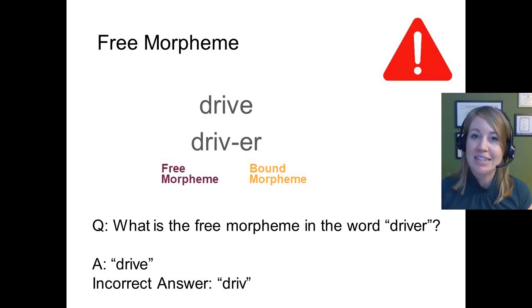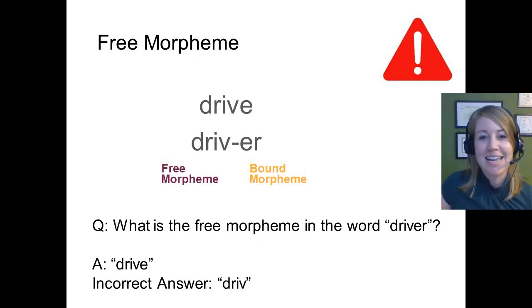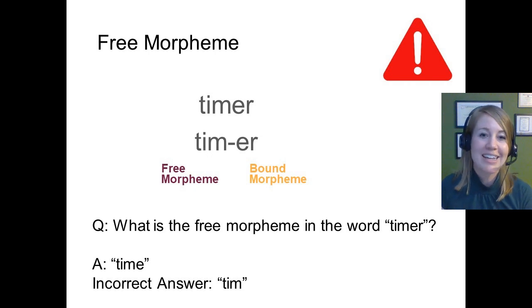The incorrect answer is driv, D-R-I-V. Okay? So drive is the free morpheme. Drive is the root word. I understand that you're only literally adding an R when you add the bound morpheme to it, but I expect the answer drive, the full spelling of the free morpheme, if you were posed a question like this on the test.